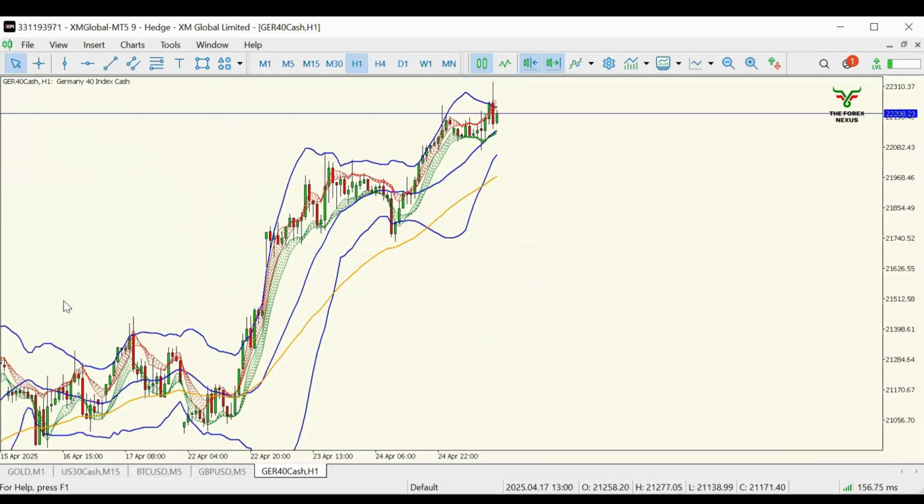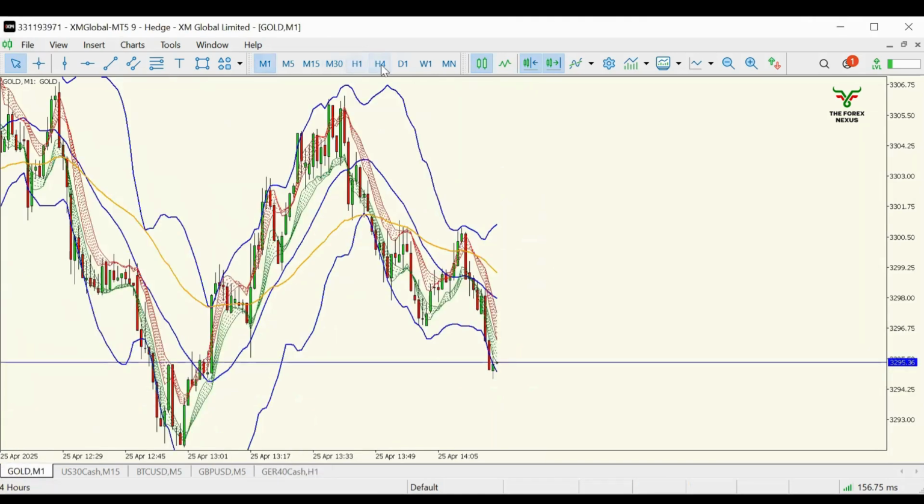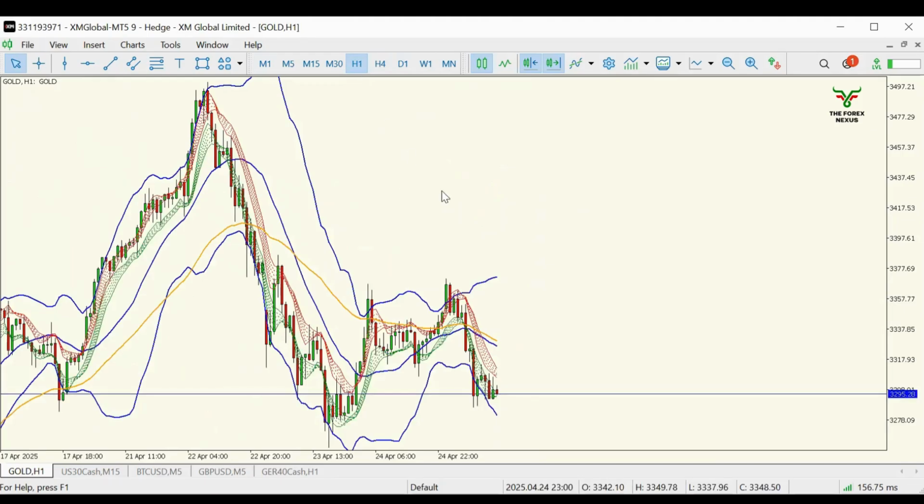Sometimes, as is happening continuously on gold, we are waiting for an H4 reentry or H1 reentry, and the market is respecting the lower time frame.